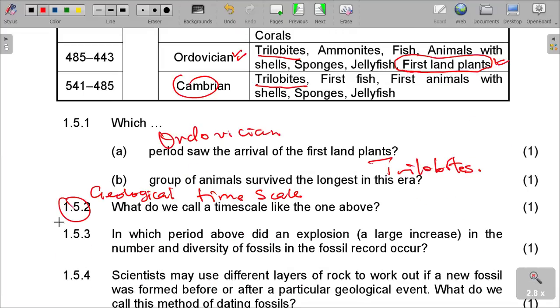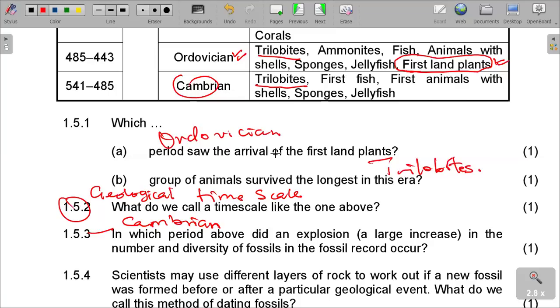Number 1.5.3, it is the Cambrian period, when we have an increase in the number and diversity of fossils in the fossil record.